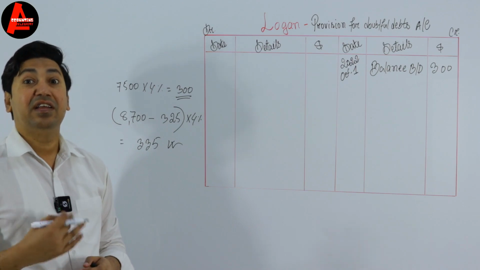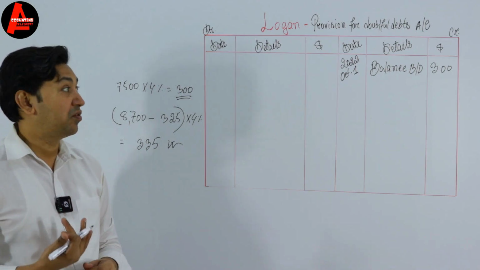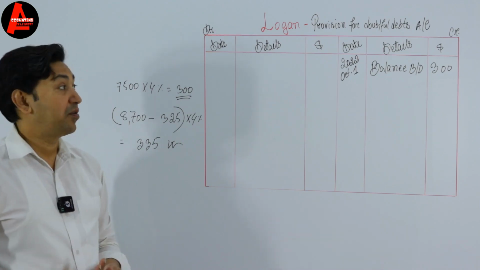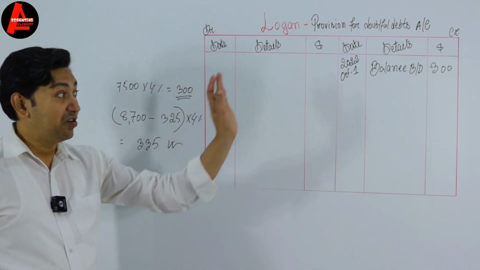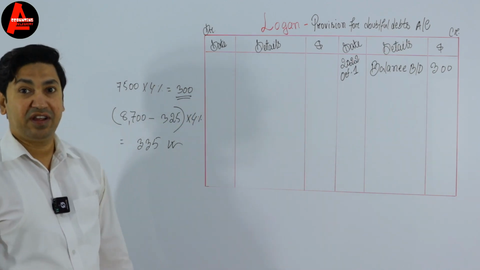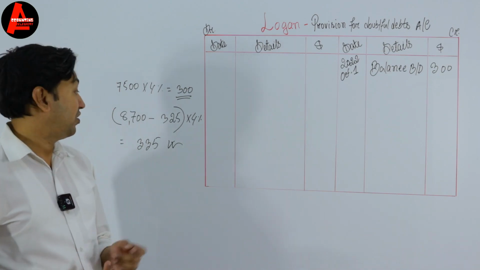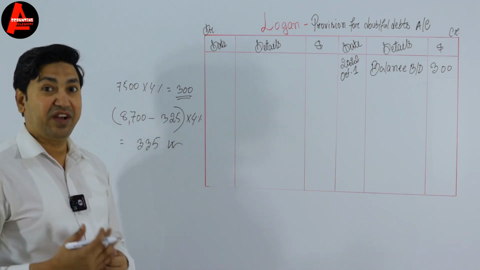Income statement account to be debited and provision for doubtful debts account to be credited. So we will go to the credit side. Now how much will we write, 335 or something else? We'll figure it out.